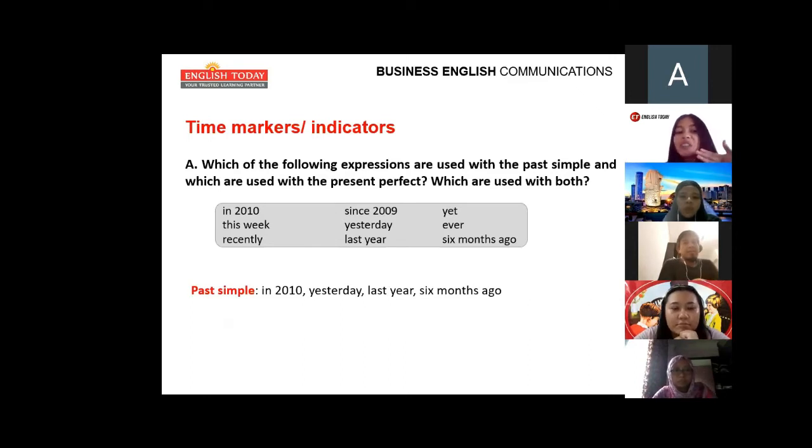So if you have those time markers or those words, you need to be aware that you have to use past simple. If you use the word yesterday, you talk about your activities yesterday. You cannot say I eat nasi goreng yesterday.